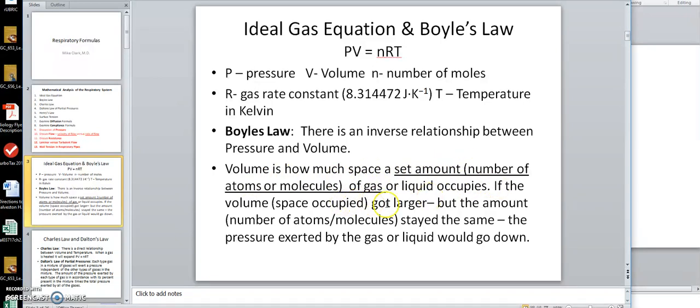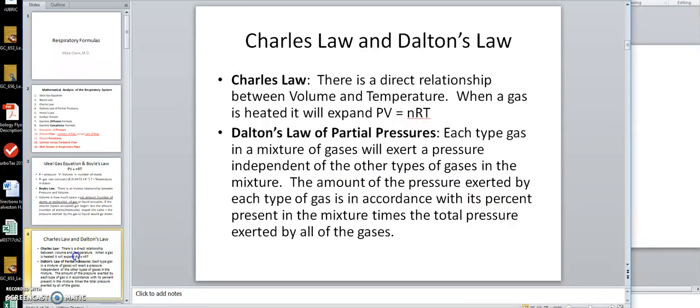If the volume got larger, but the amount of molecules stayed the same, the pressure exerted by it would go down. Small room, gas in it. Make the room bigger. The pressure will go down as the volume of the room increases. Inverse relationship between pressure and volume.